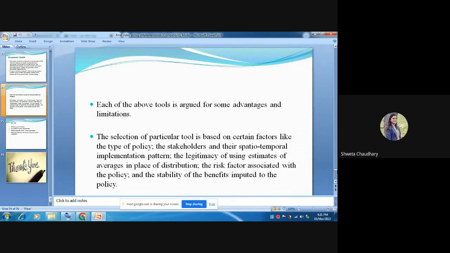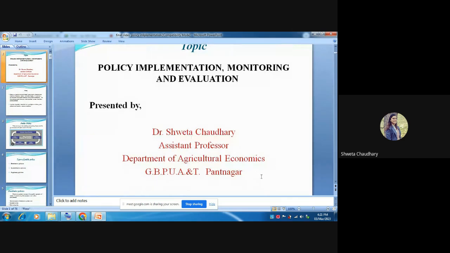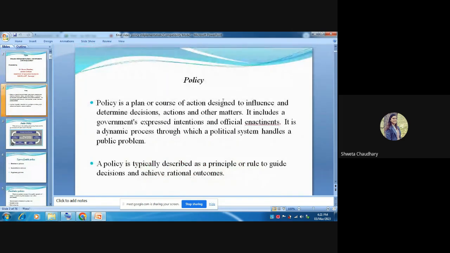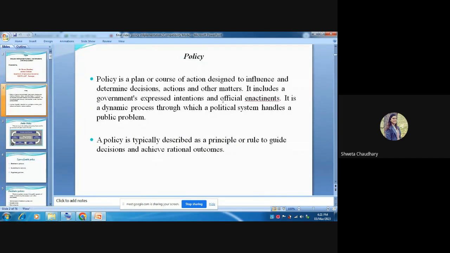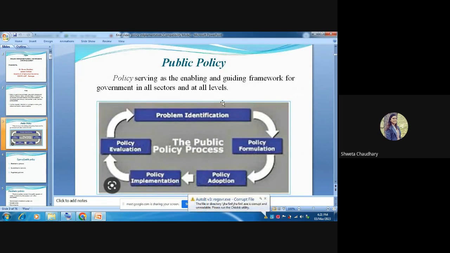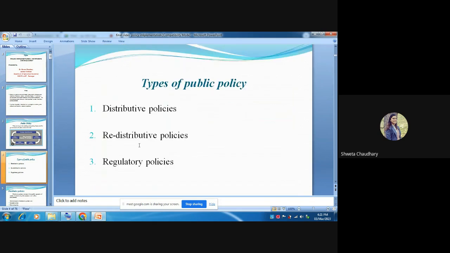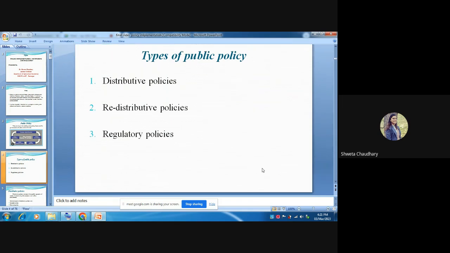So I will give a recall from the starting. In the starting we studied what policy is, then we studied the procedure of policy making for the public, that there is a need for problem identification before starting any policy, and then there is a need for even evaluating that policy. Then we studied distributive, redistributive, and regulatory policies.